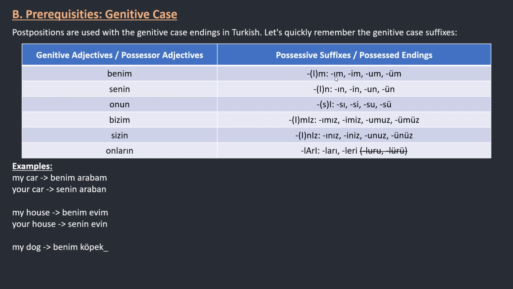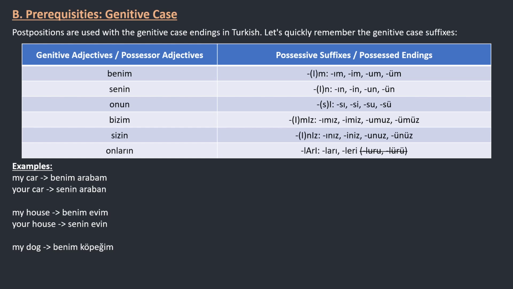So I will need to have im, but which of them? So the last one is e again. I will need i, köpeği. This goes to köpekim. But there are also exceptions, like exceptional cases. Some letters, which K is one of them, they soften, they change into other different letters, like köpeğim. We don't say köpekim, we say köpeğim.